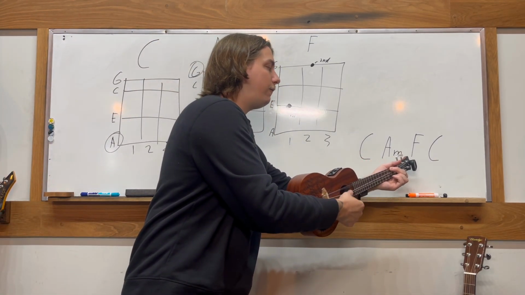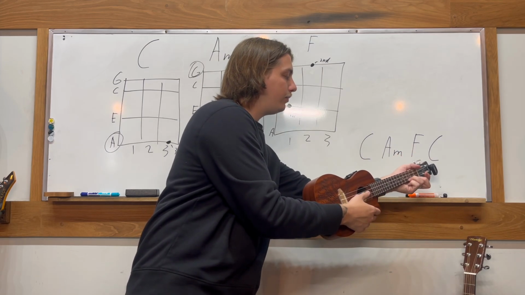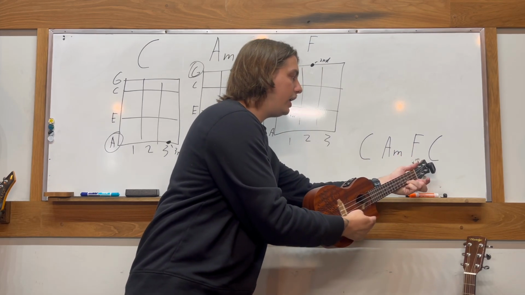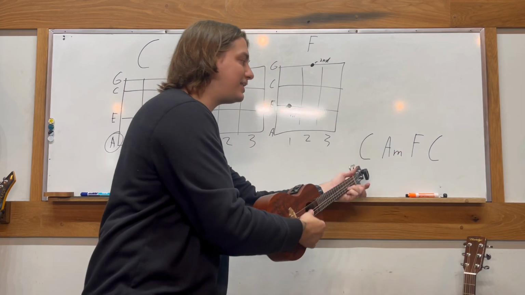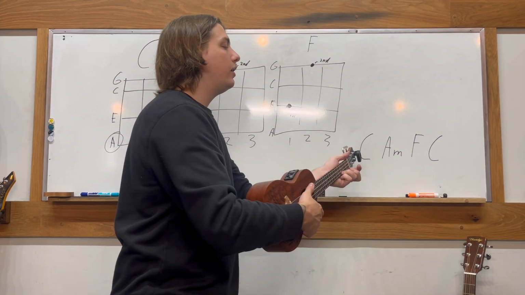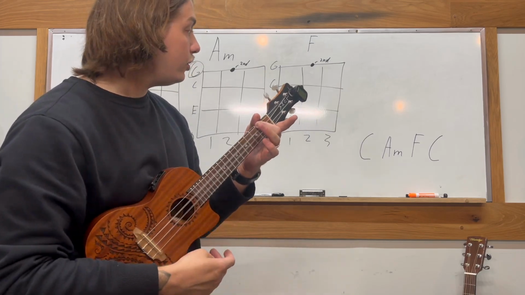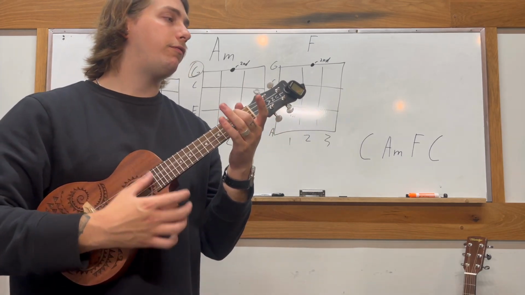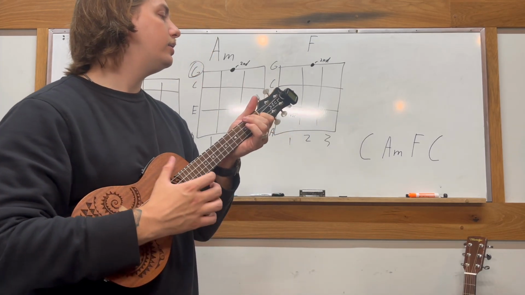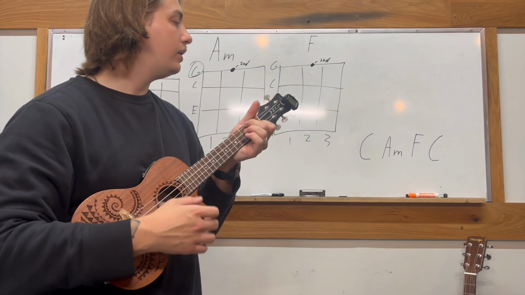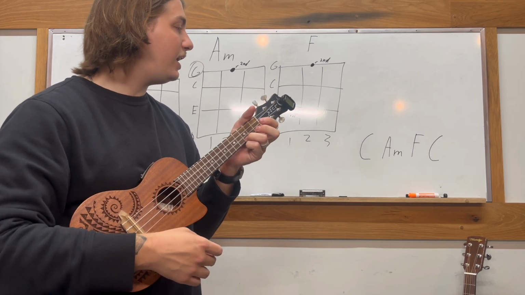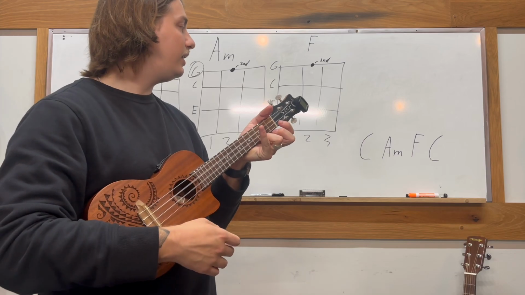3, 4. And then C. 2, 3, 4, and then C. So keep that C chord. 3, 4, and then A minor. 2, 3, 4, and then F. 2, 3, 4, and then C. Ready?